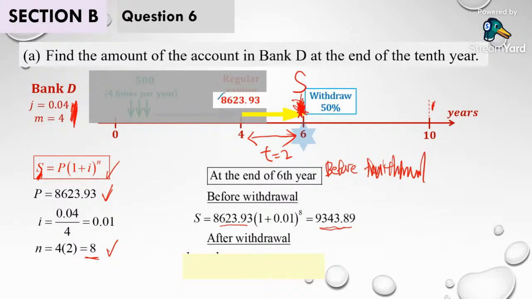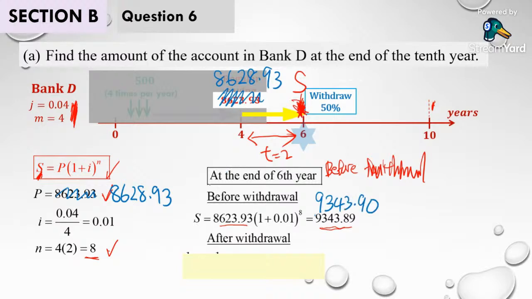So I suppose I have here 8628.93. And then the value calculated before withdrawal, I suppose I have 9343.90.